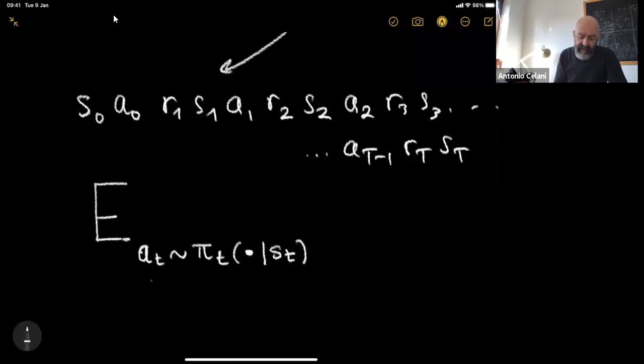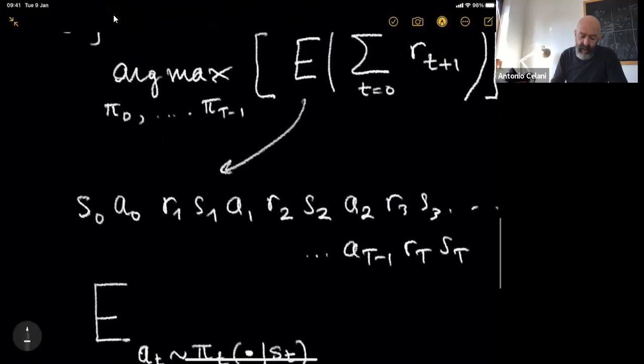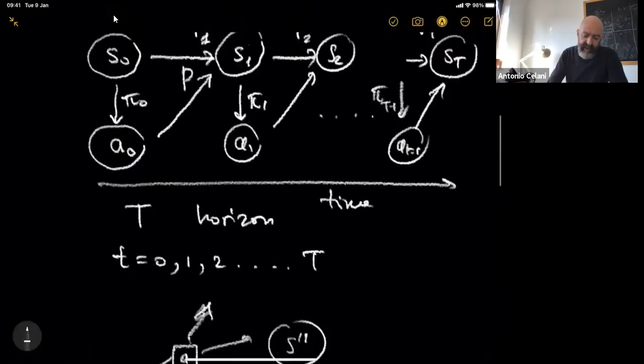And then I pick s_t plus 1 from my p. Actually, I pick both of them, the pair of rewards and new states together. I pick it from p, given the previous state and previous action. And then the only thing that's left to describe is how I pick the initial S0.